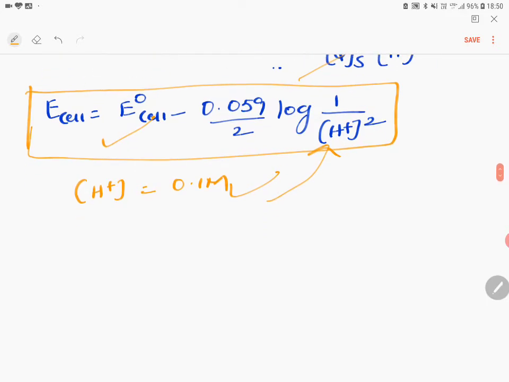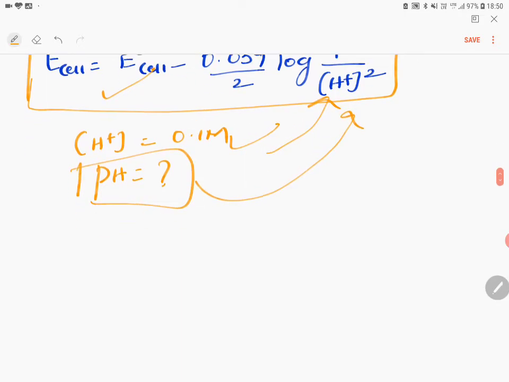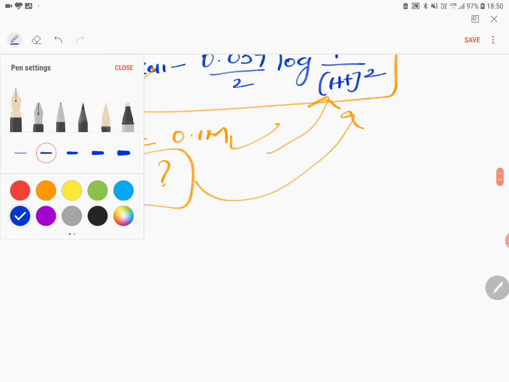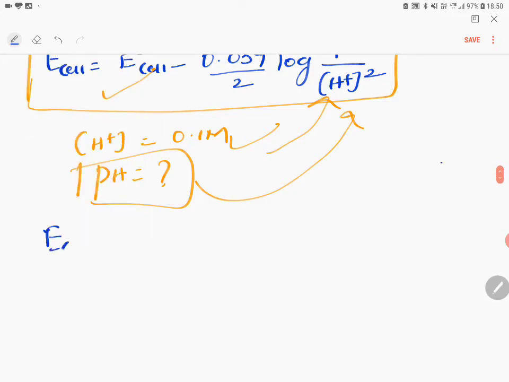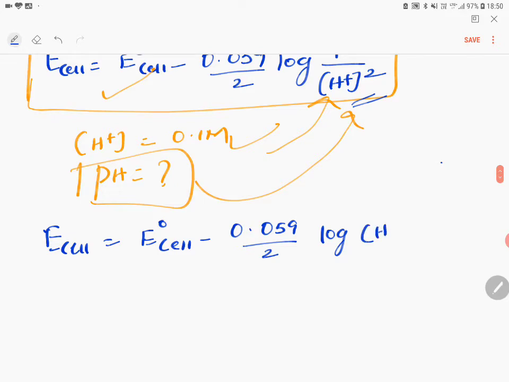But supposing they give the pH value, how will you introduce it here? That is a question once again. This is the beauty of the quinhydrone electrode. So E cell is equal to E naught cell minus 0.059 by 2 log. So bring it to the numerator, you will get H plus whole power minus 2.